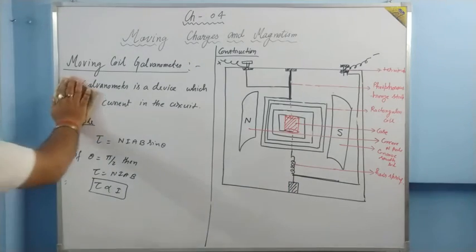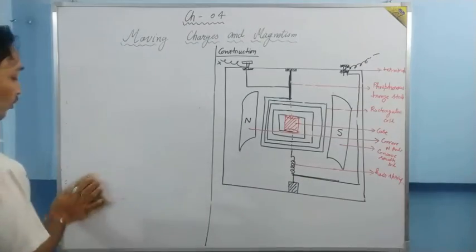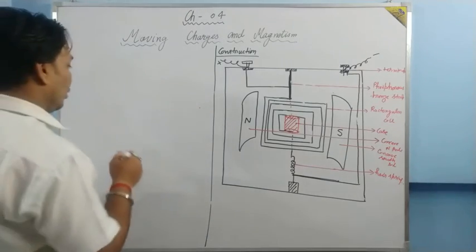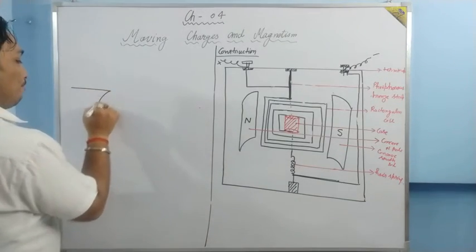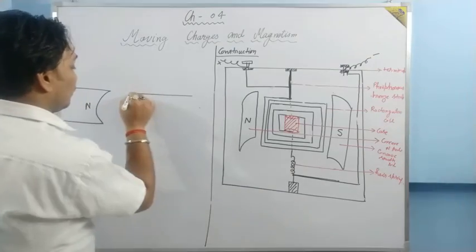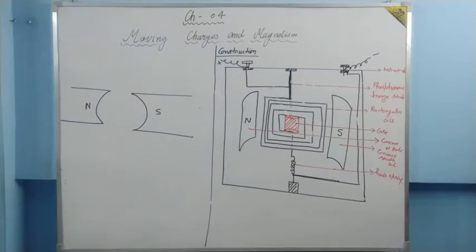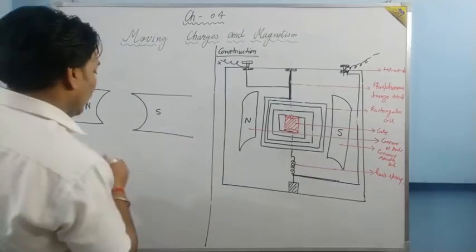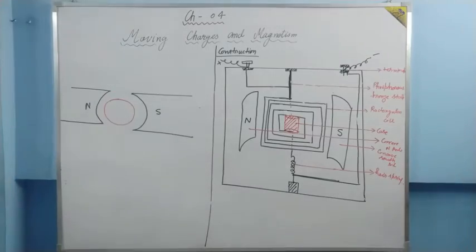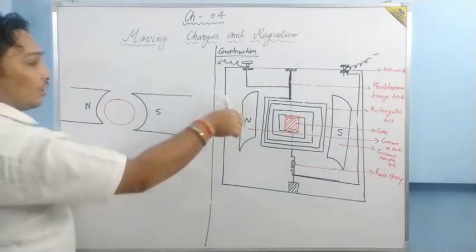But when you look at the moving coil galvanometer from the top, how does it look? This is how this concave magnet looks, and this is how the other concave magnet looks: North Pole and South Pole. The cylindrical core is like this; you can see only the top circular surface, and now the coils are wound on it.